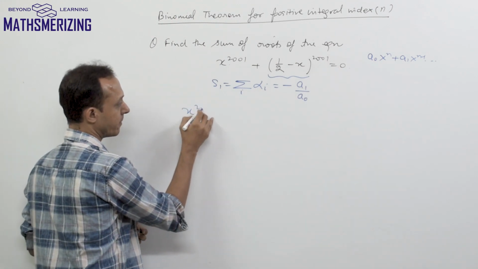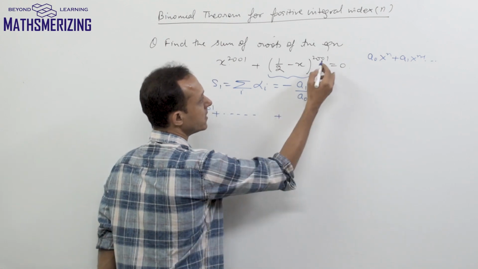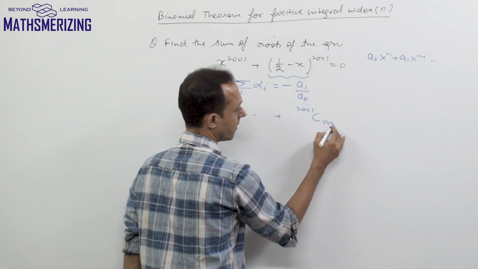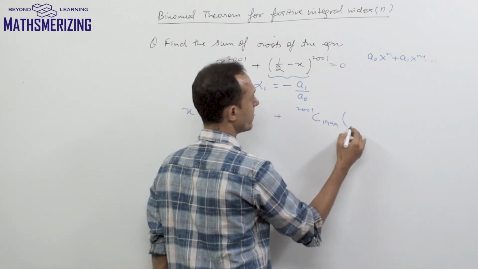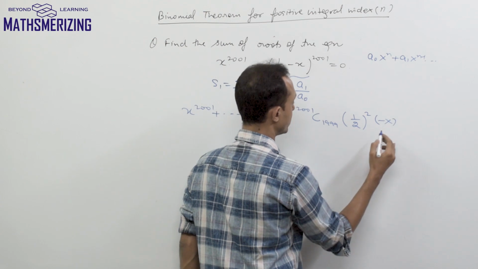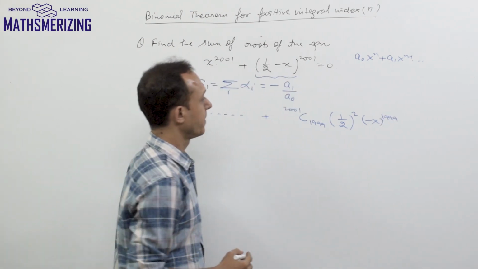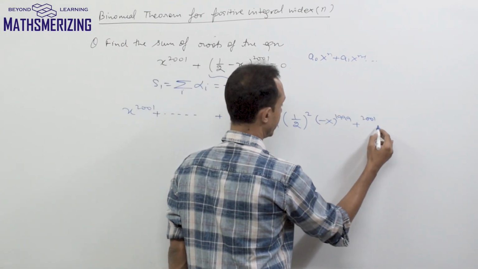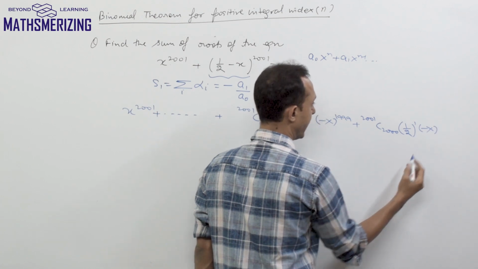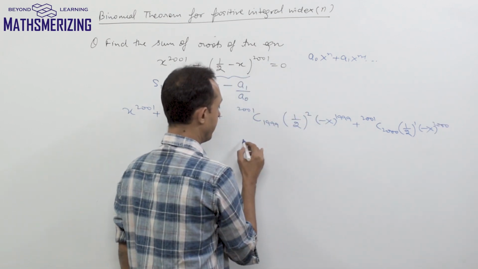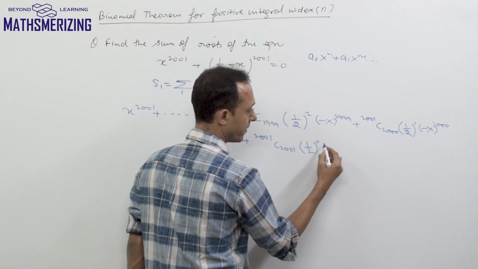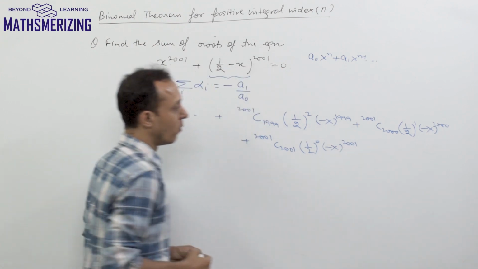I'll write x to the power 2001, then the third last term will be 2001 c 1999 into 1 by 2 whole square and then minus x to the power 1999, plus 2001 c 2000 into 1 by 2 to the power 1 and minus x to the power 2000, and then plus 2001 c 2001 into 1 by 2 to the power 0 and then minus x to the power 2001.